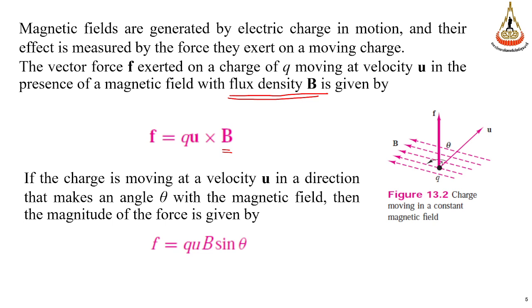It's the right hand rule. This force will be in this direction. So this is QvB sine theta, cross in this direction, and we get the force in this direction.